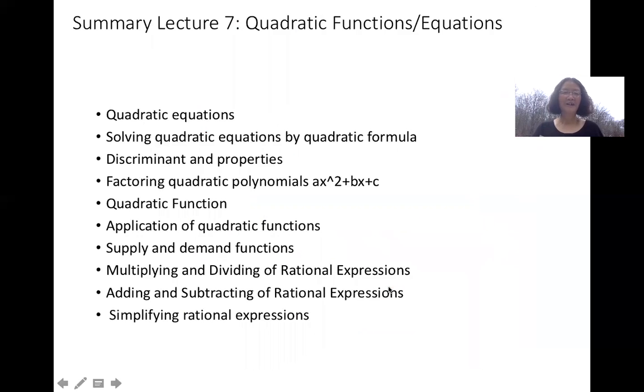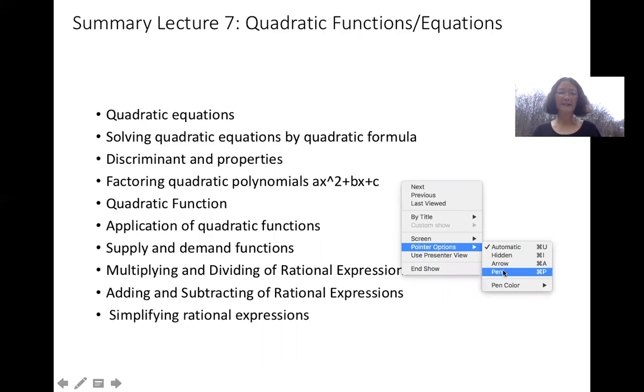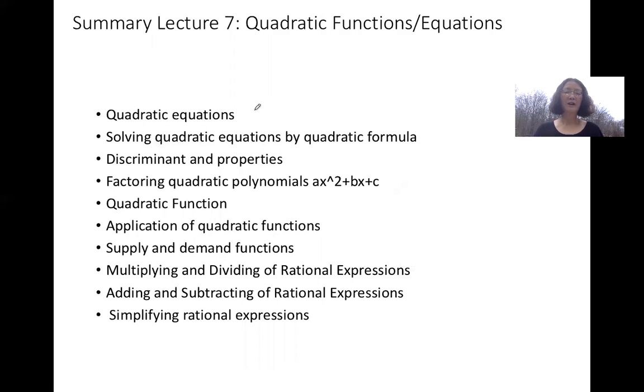All right, so in summary, in this lecture we did quadratic equations, and the formula is ax squared plus bx plus c equal to 0. We use 2 different methods to solve this quadratic equation: one is factoring, the other is the general formula.